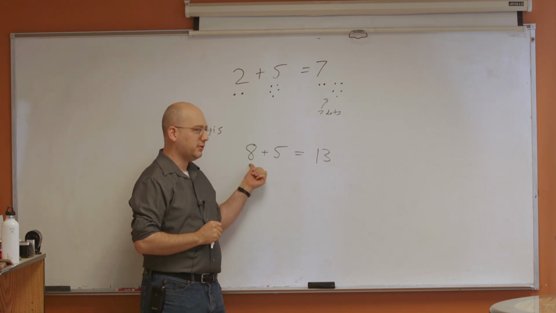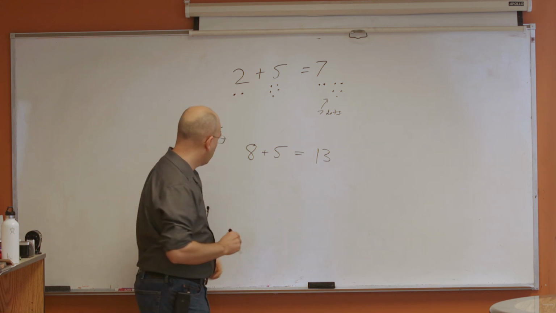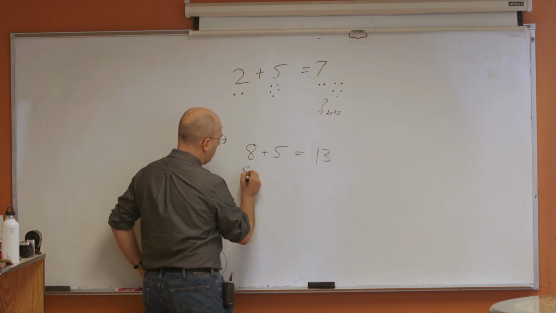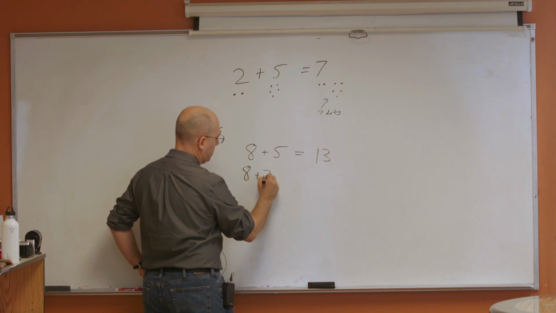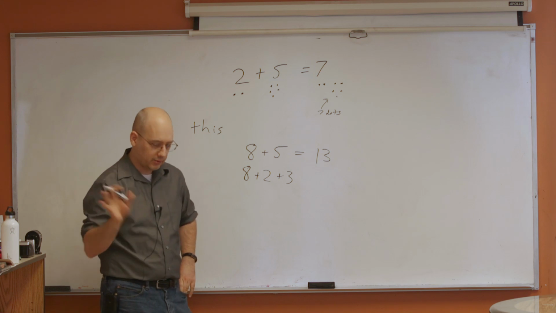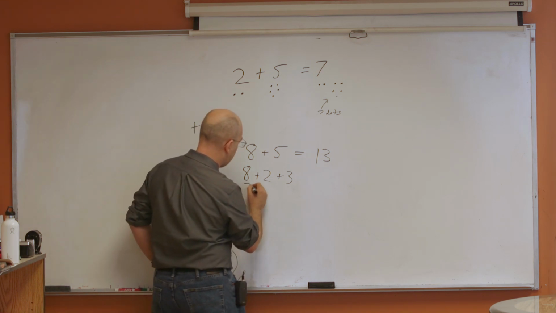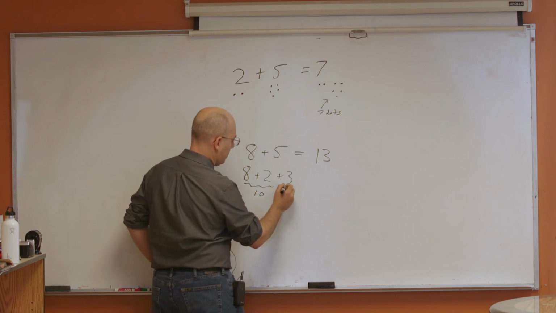What is 8 near? Something very fundamental. 10. So we can write this as 8 plus 2 plus 3. Now, you don't actually write that like that, but slow steps. And so this is 10, and this is 3.